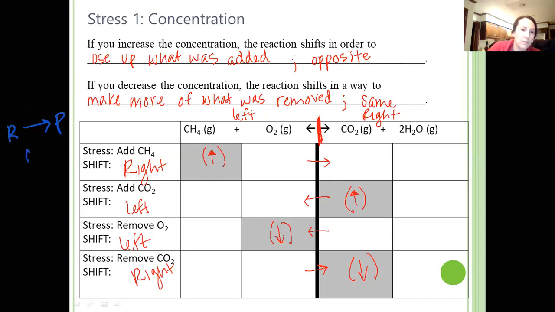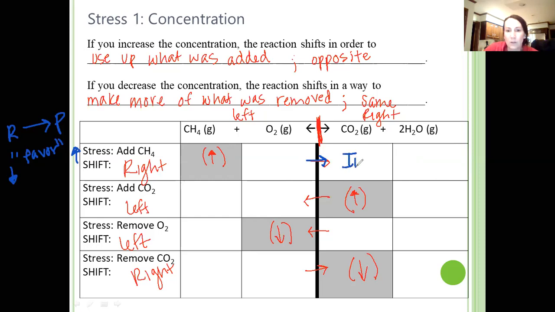I'm going to favor everything on the right-hand side. So when I favor everything on the right-hand side, that means everything on the right goes up and everything on the left goes down. Okay, so in the first one, I shifted to the right, meaning I'm favoring the products.